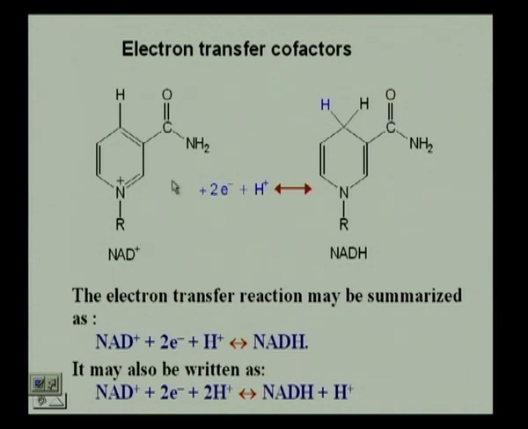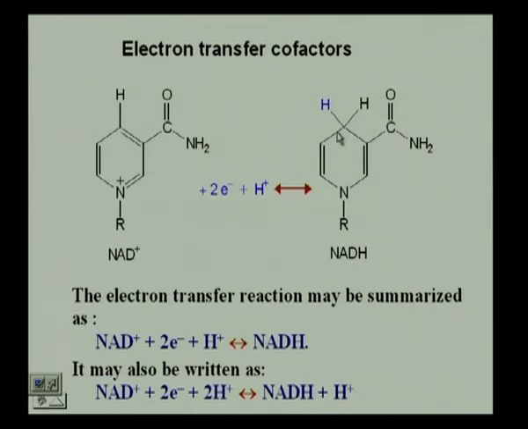We have our basic structure of NAD plus, which is made up of nothing but the nicotinamide or niacin. Where did we get this from? From the vitamins that we take in as supplements in our diet. So we have NAD plus, and this H adds on to this particular carbon atom.